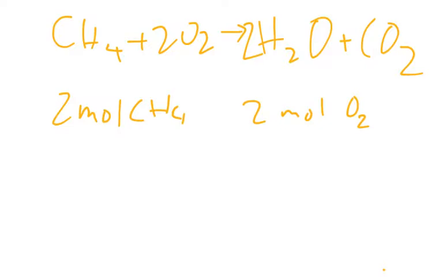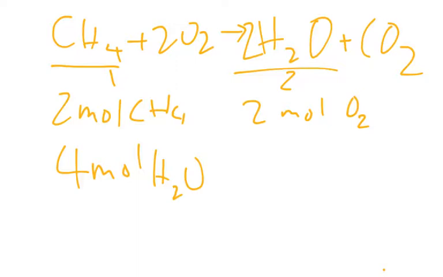What would be our limiting reactant? Well, let's see how much H2O each of them produces, since I'm using a different product, but the answer should still be the same. So for every 1 molecule or mole of methane, we produce 2 molecules or moles of water. It's in a 1-to-2 ratio. So if we have 2 moles of CH4, then we have twice as many moles of water, or 4 moles of water.